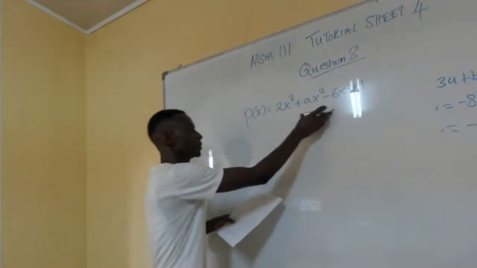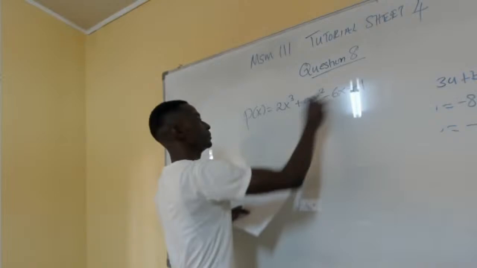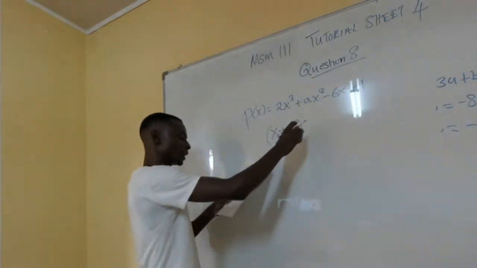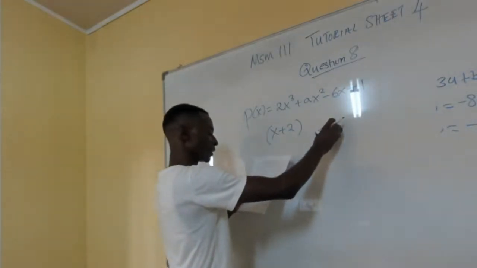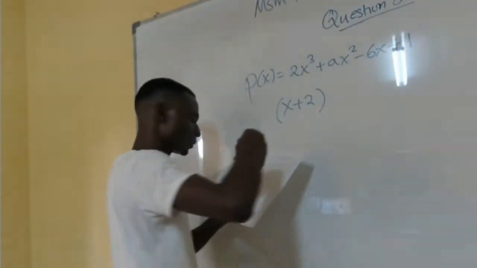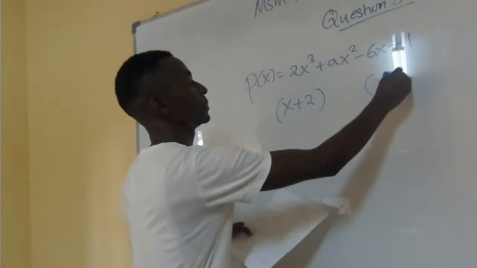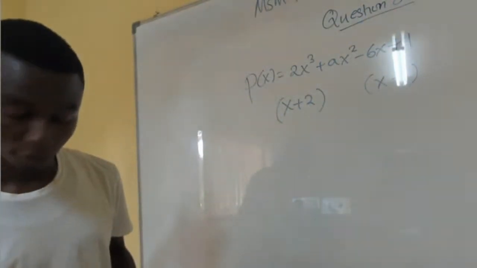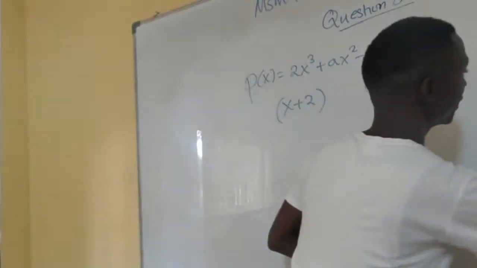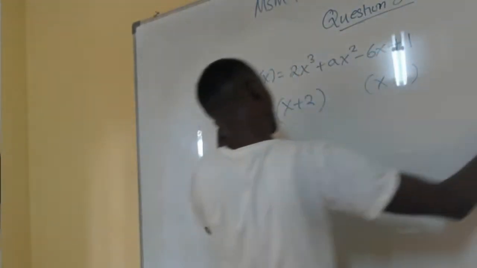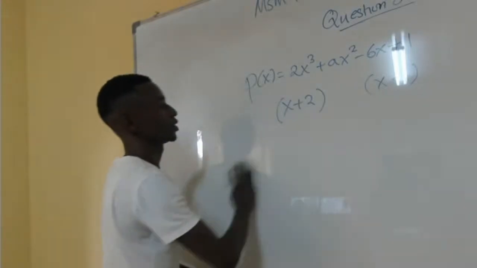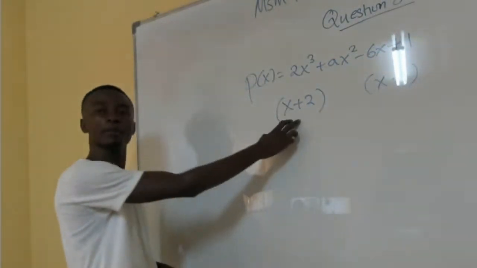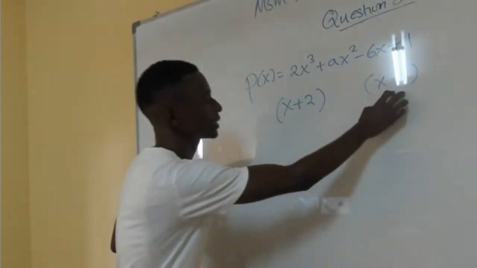If this polynomial is divided by x plus 2, the remainder is twice the remainder obtained when the same polynomial is divided by x minus 1. So what is the meaning of that? Before you even do the final answer, what you're supposed to do here is to find the equations first. You have two factors, so you're going to have two equations: the equation for x plus 2 and the equation for x minus 1.